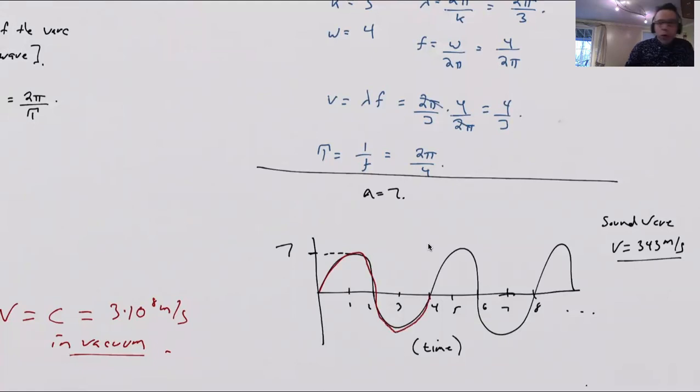Do we all agree there's one wavelength or one repetition of the wave? So the period is 4 seconds. Ladies and gentlemen, if we know the period, we know the frequency is 1 over the period. If we know the frequency, we know the angular frequency is 2 pi times the frequency.